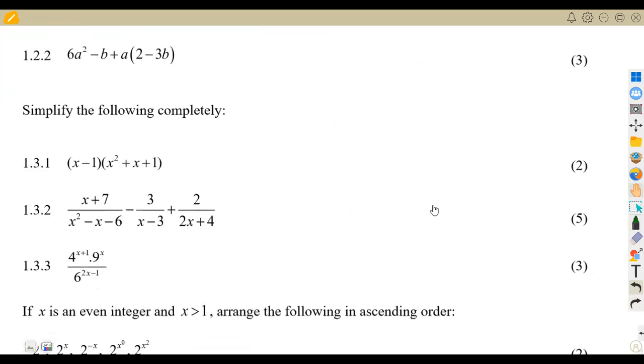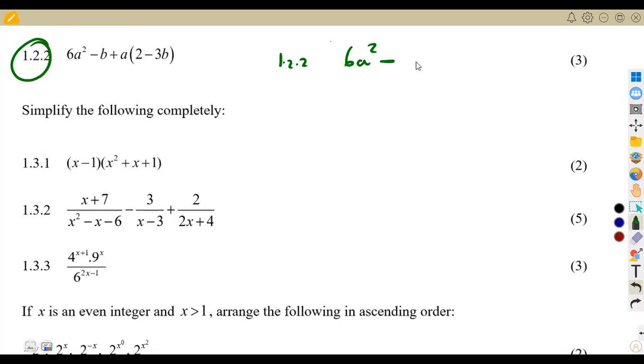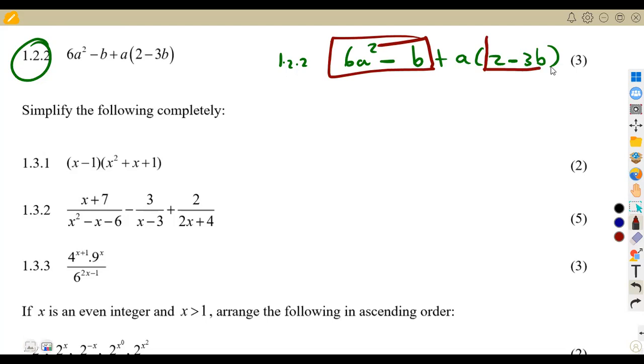All right, let us move on to 1.22, which is again on simplification of factorization. In that case, we are given 6a squared minus b plus a into 2 minus 3b. In most cases, they will give you something of this nature, whereby there is a common term, where you can factor out a common term so that you obtain the same bracket as this part that we see.